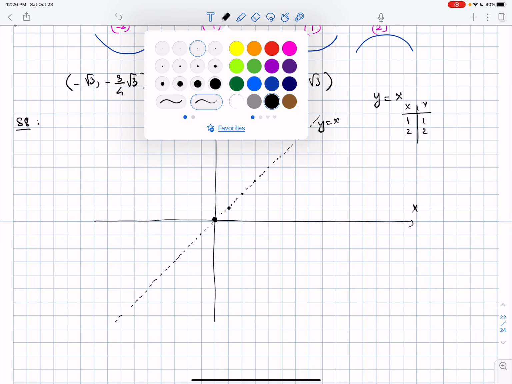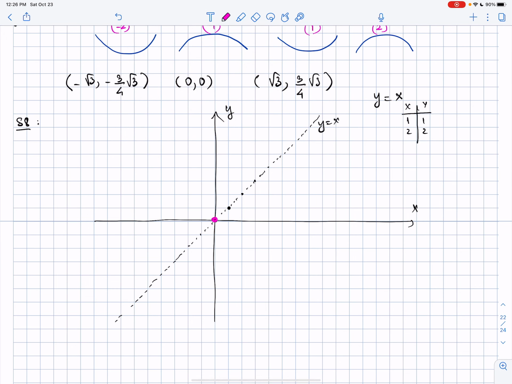Now we plug in the points, so we have 0, 0 is the x-intercept and y-intercept. We do not have the local max or local min. We have the inflection points, which are positive square root of 3 and negative square root of 3.